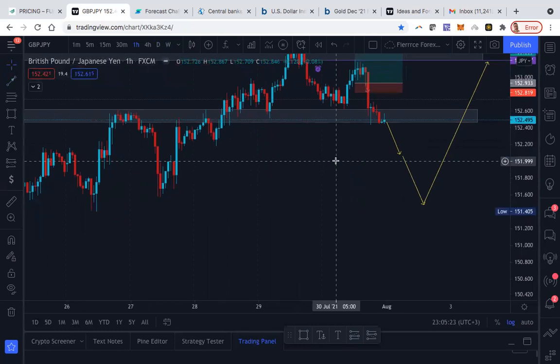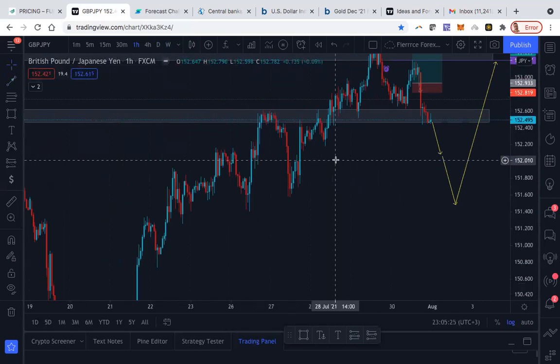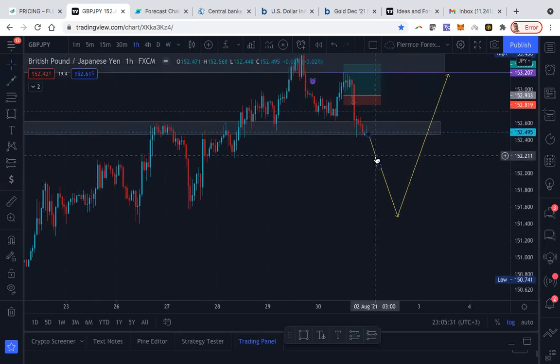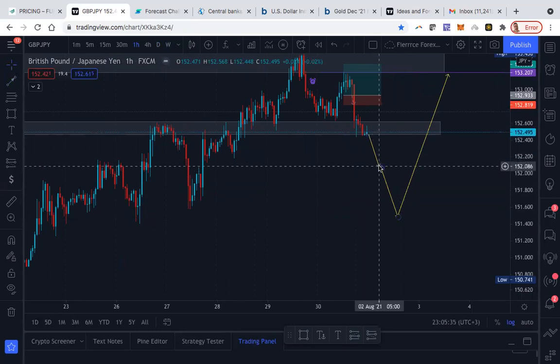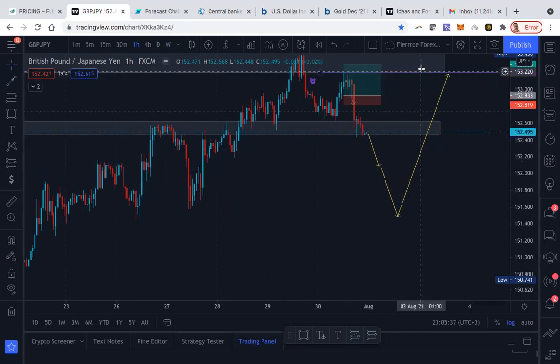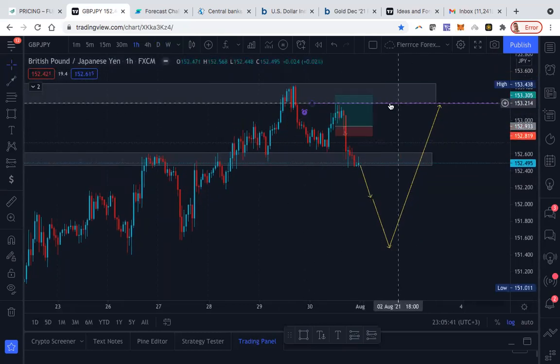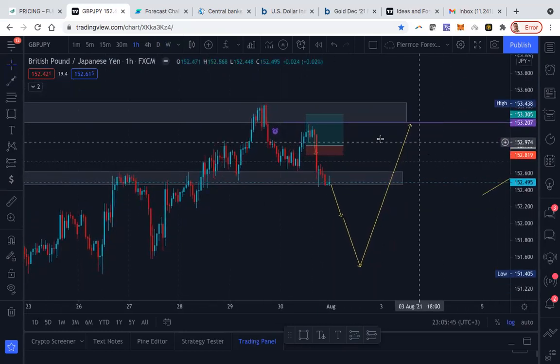We are in this range. Now, if this break to the downside doesn't happen completely to this level, we'll probably just shift to the 152.086 before we shift to the upside, retesting this previous level.